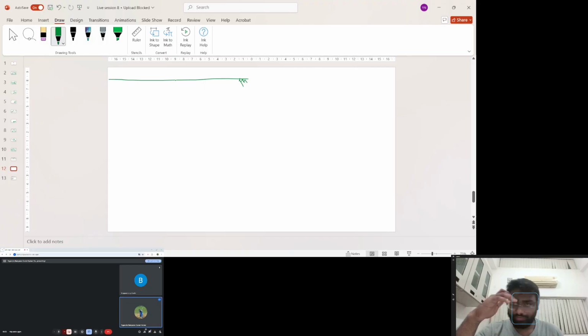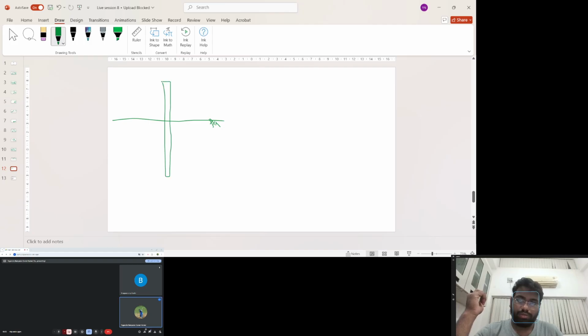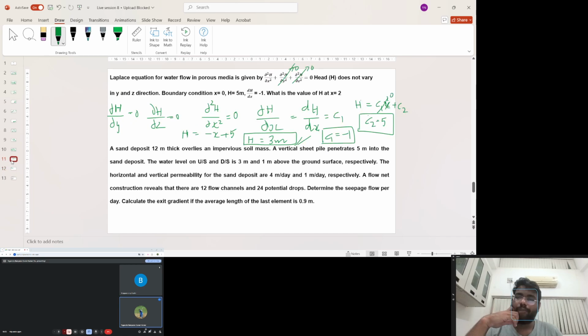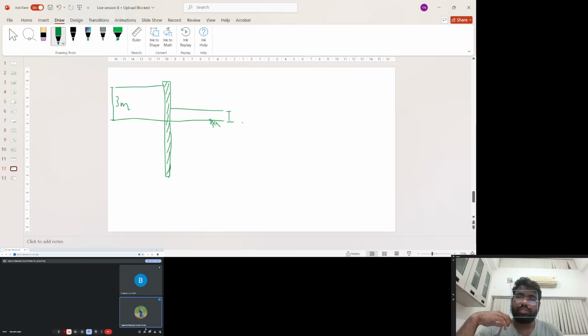Now we have a sheet pile inserted into the soil. The depth of water upstream is 3 meters and the downstream depth of water is 1 meter above the ground surface.